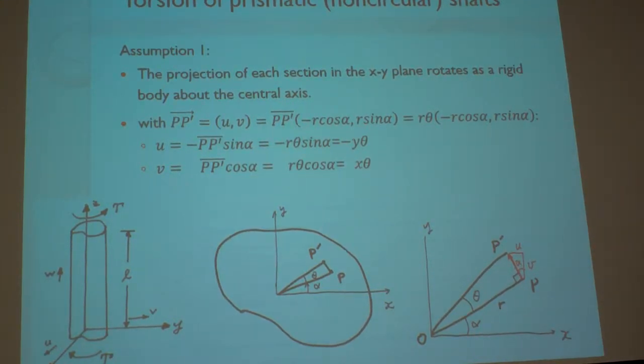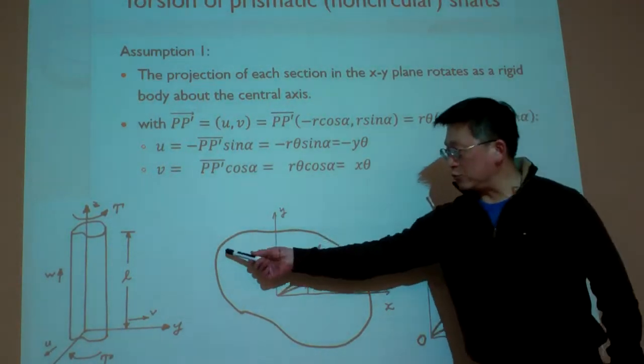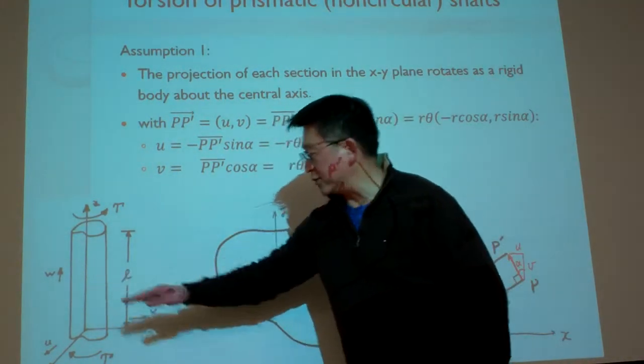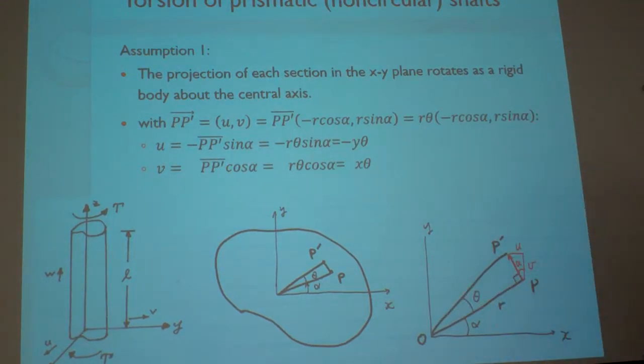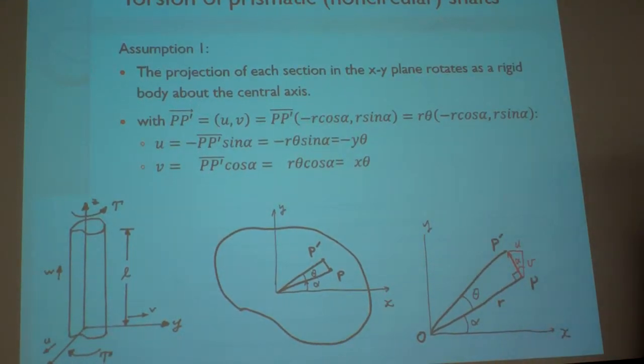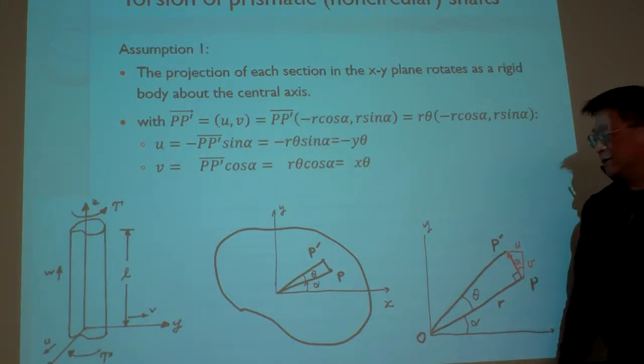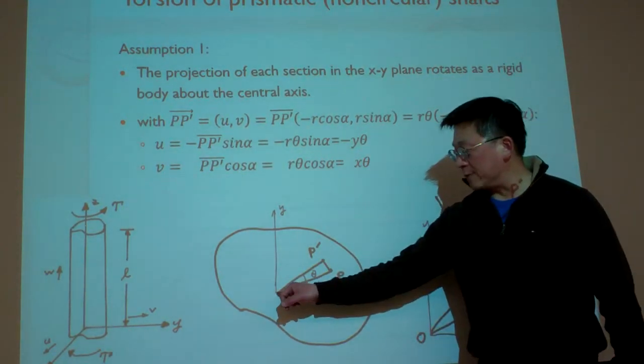So for displacement, look at here. I pick up a cross section at any level. I simply pick it up, and it doesn't have to be circular. We simply assume it has a general profile.